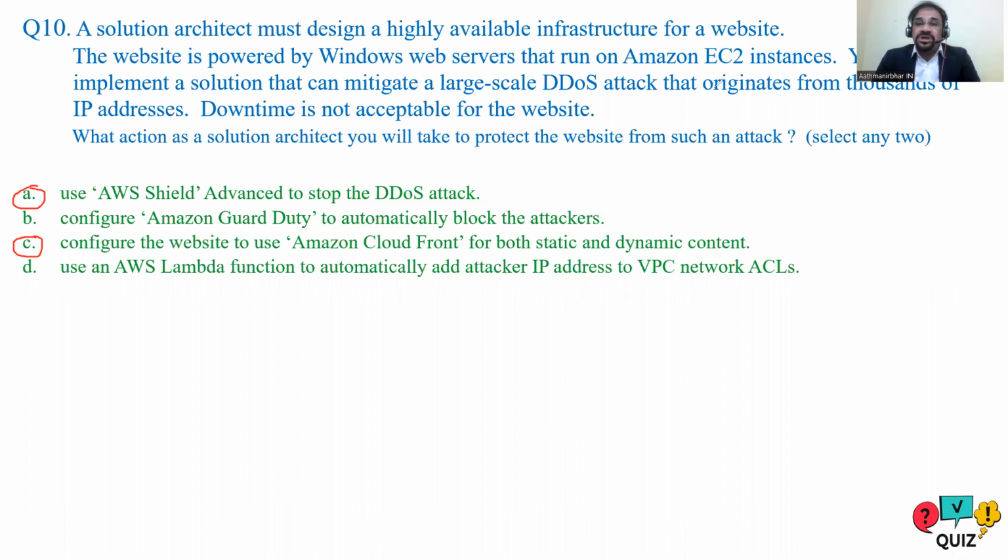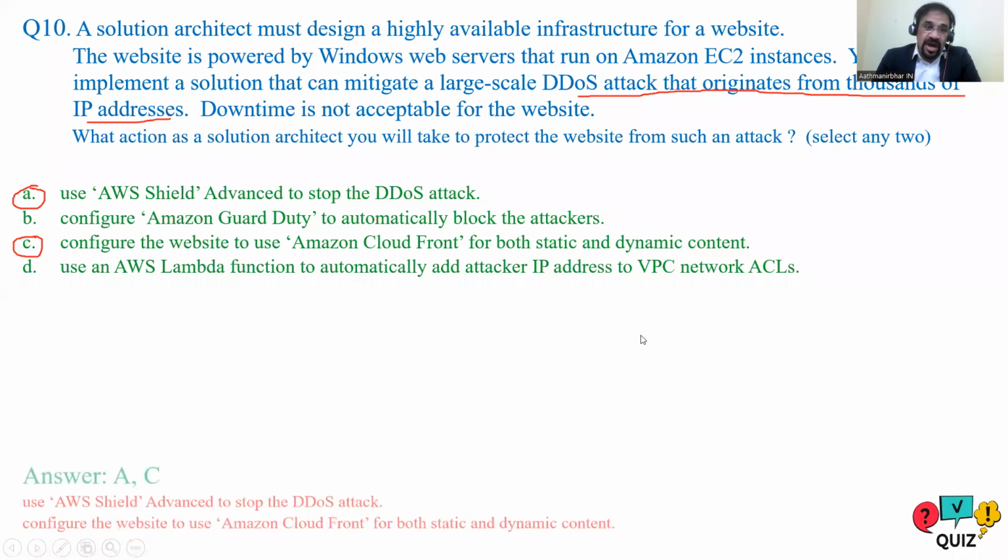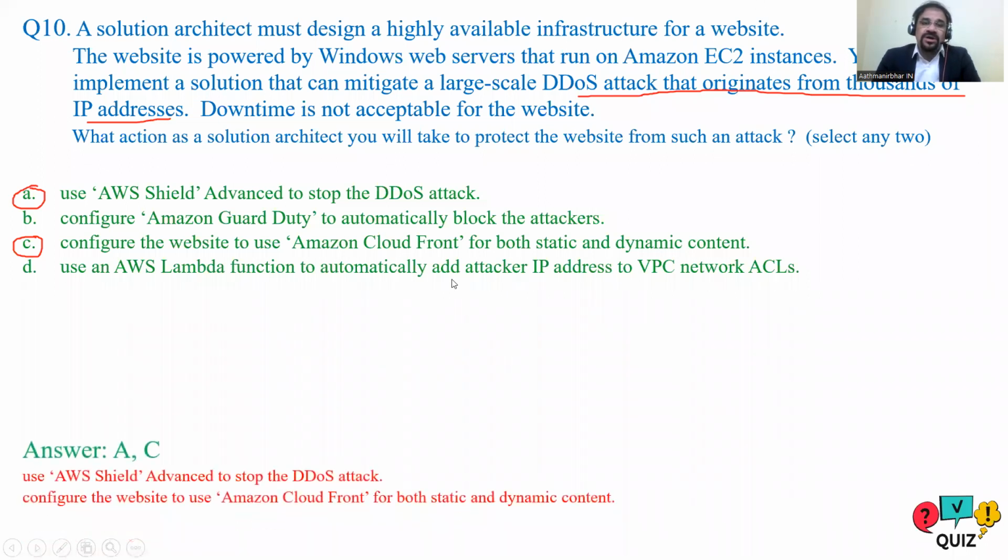It was clearly mentioned that the DDoS attack originates from thousands of IP addresses. How many IP addresses will we keep adding? Every time, the DDoS attack will use a different IP address to attack. So you cannot keep doing the same job back and forth, right? So option A and option C will go very well with our requirement.